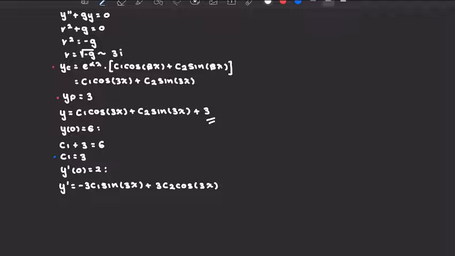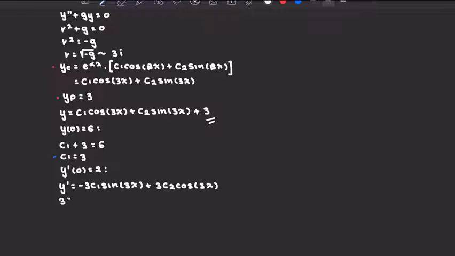So after we get this, let's plug in our initial values. y prime of 0 is equal to 2. Negative 3 C1 times sine of 0 is just 0, so 0 times negative 3 C1 is 0. 3 C2 times cosine of 0 is just 3 C2.